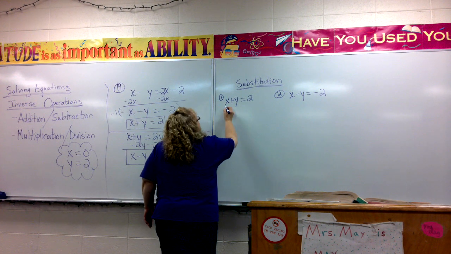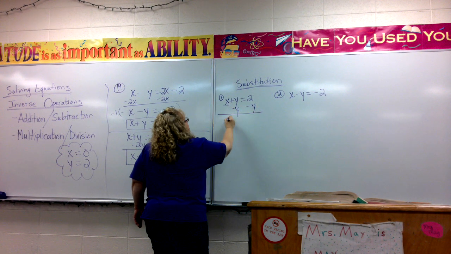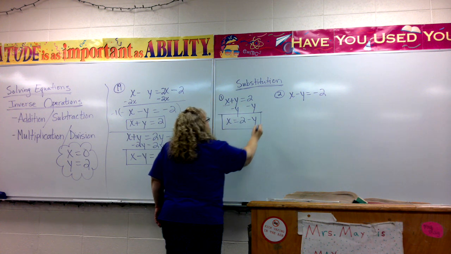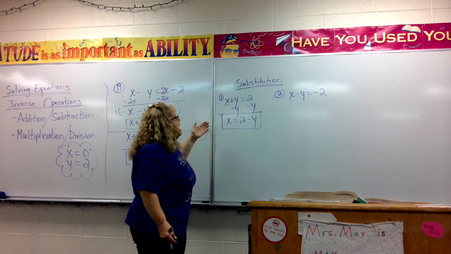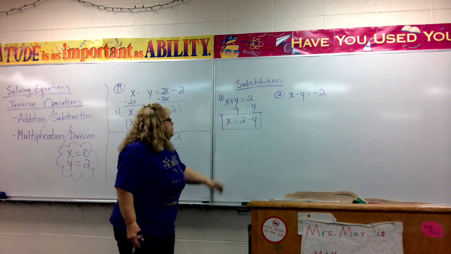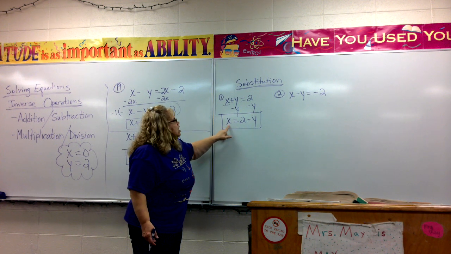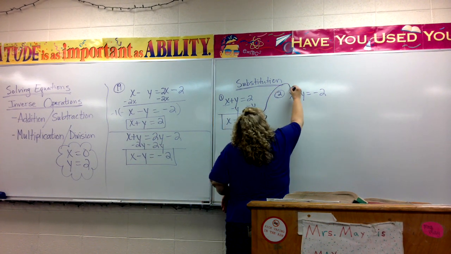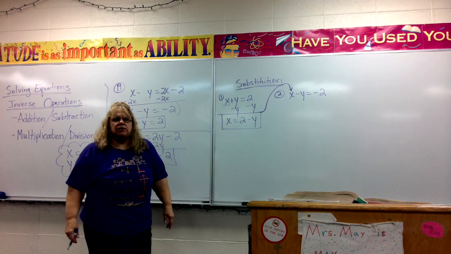I pick x, and I want to get that x by itself. So x equals 2 take away y. Do you see that? All I did was get x by itself. And if you picked y, then you're going to get y by itself. Really doesn't matter. But once you have that x by itself, you're going to take that value for x and substitute it in place of x in the other equation.